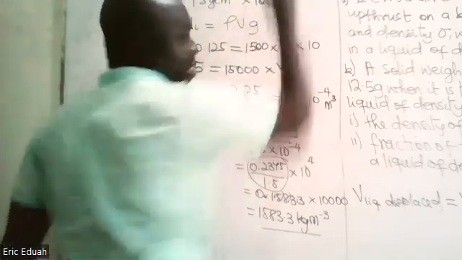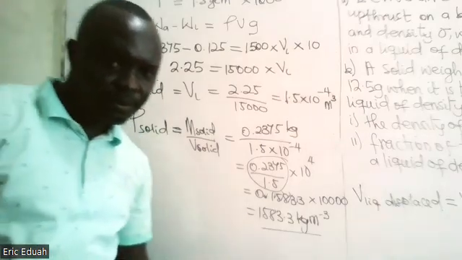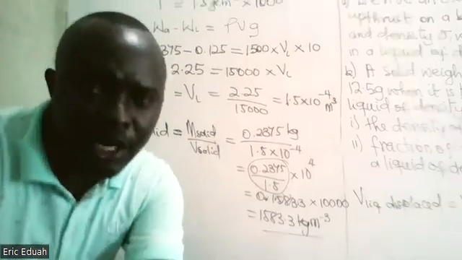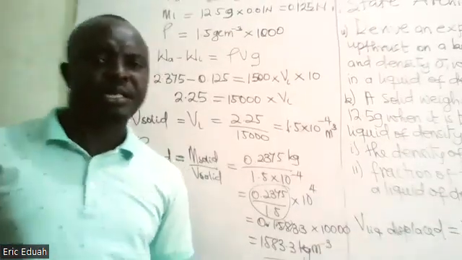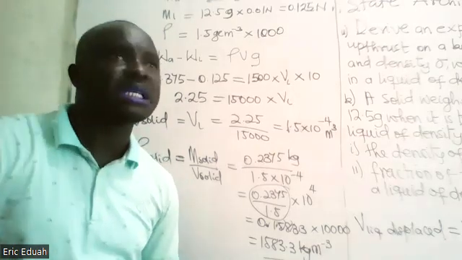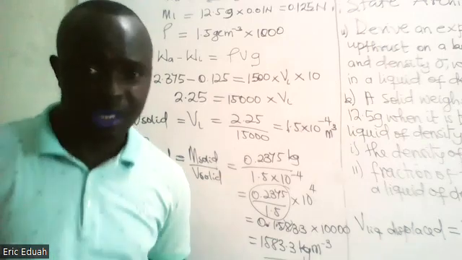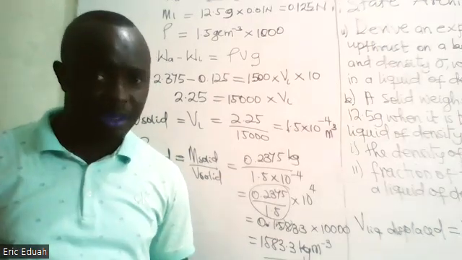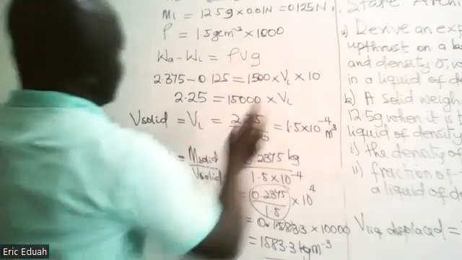How did you do it? You divide it by 1,000. So the clue is that if you want the density in gram per cm cube, divide by 1,000. If you want it in kilogram per meter cube, multiply by 1,000. Class, are you okay? Good.